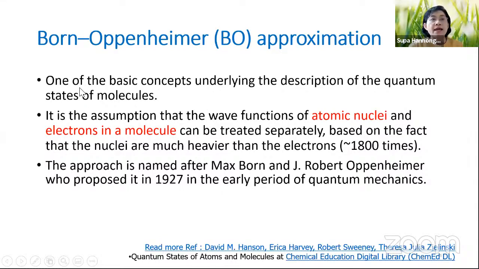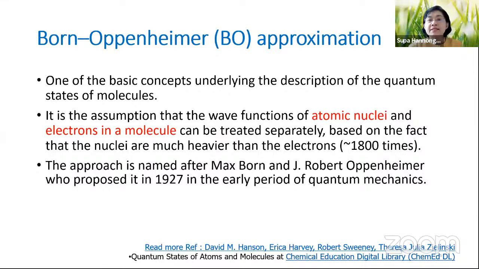And I would like to say that the Born-Oppenheimer approximation is one of the basic concepts underlying the description of the quantum states of molecules. It is the assumption that the wave function of atomic nuclei and electrons in a molecule can be treated separately. This is based on the fact that the nuclei are much heavier than the electrons.